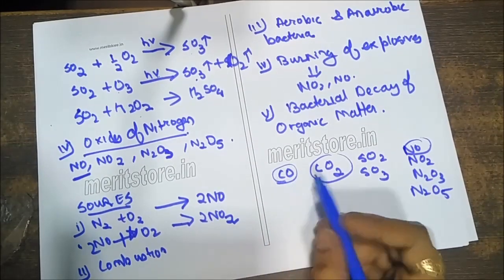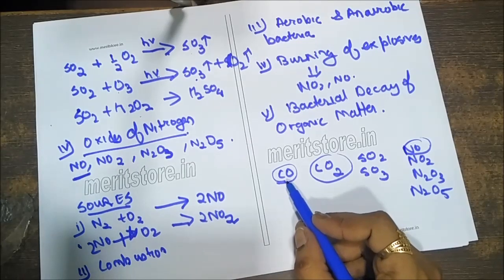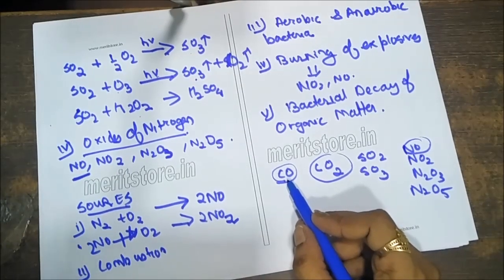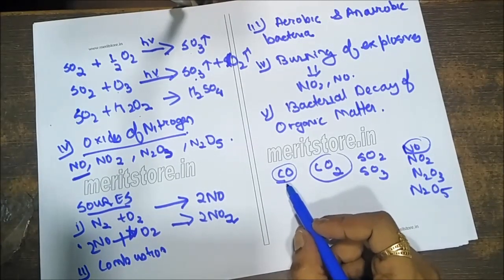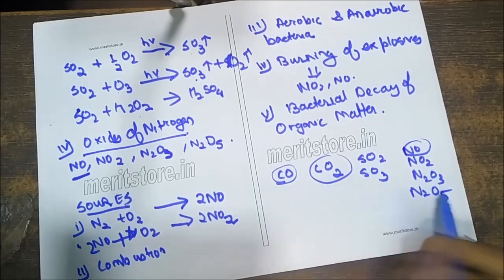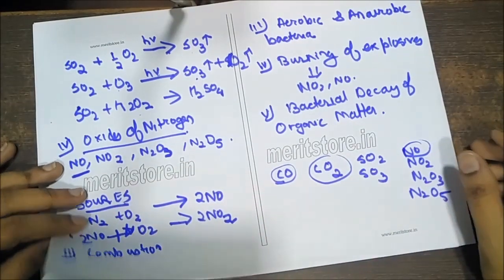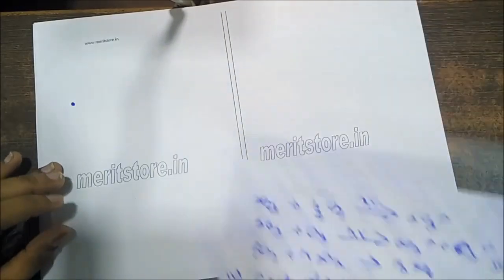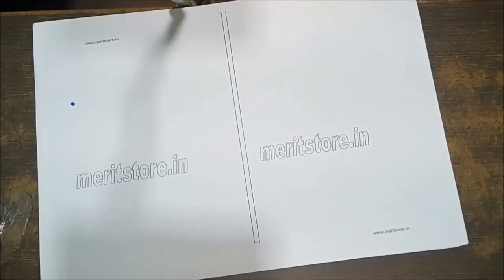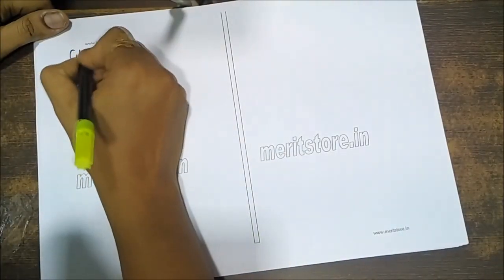The most devastating effect of carbon monoxide is carbon monoxide poisoning, which reduces the capacity of hemoglobin to carry oxygen. Sulfur dioxide has a very harmful effect on our respiratory system. So all these oxides basically contribute to the pollution of air. Next, we're going to study a very important phenomenon which is called global warming.